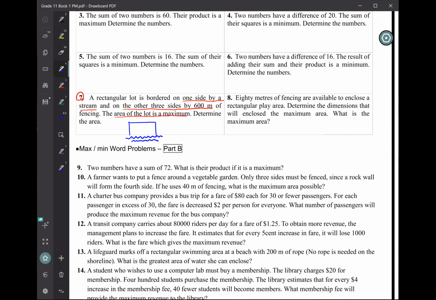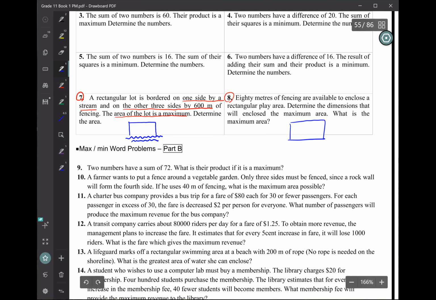And then number 8. Take a look at number 8. Okay, so 80 meters of fencing are available to enclose a rectangular play area. Find the dimension. This one doesn't mention anything about one of the sides being by the stream, and there's no dividing section, so this one is just a regular one.